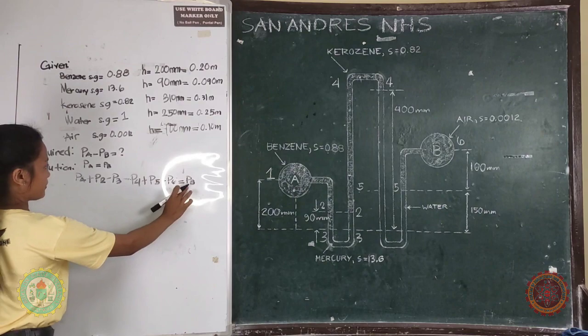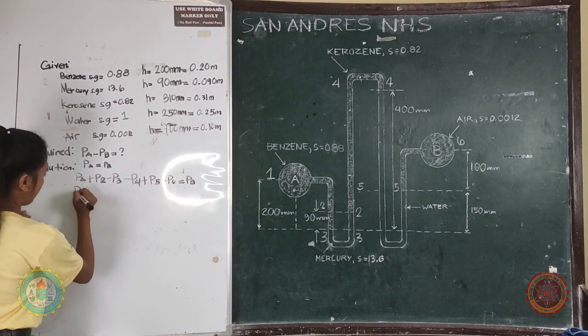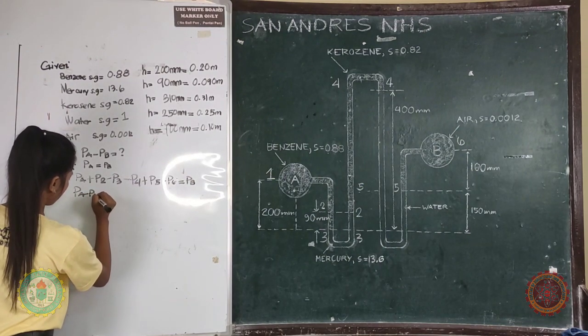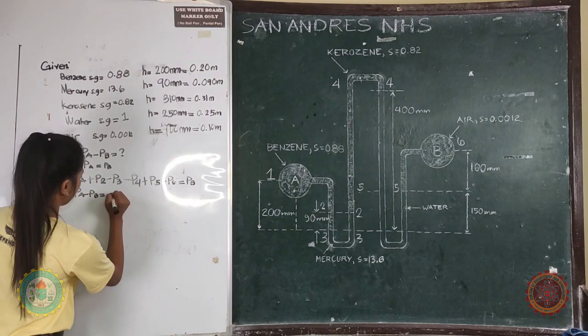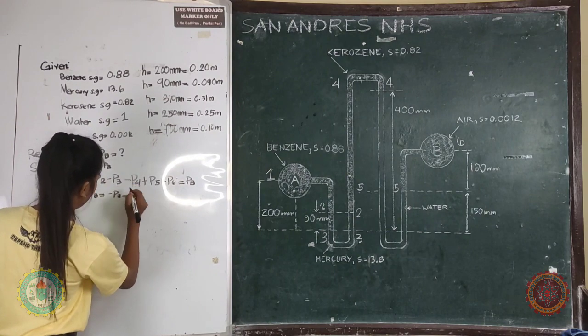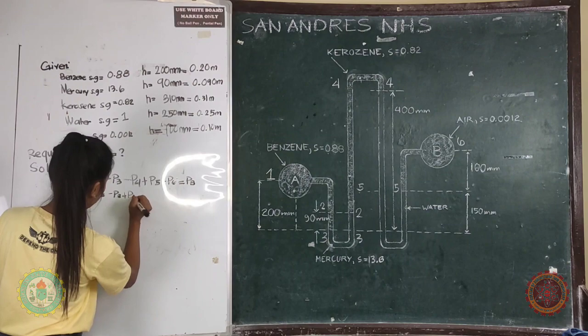So, we transpose point B. Point A minus point B is equal to, since it is transposed, P2 becomes negative. P3 becomes positive.